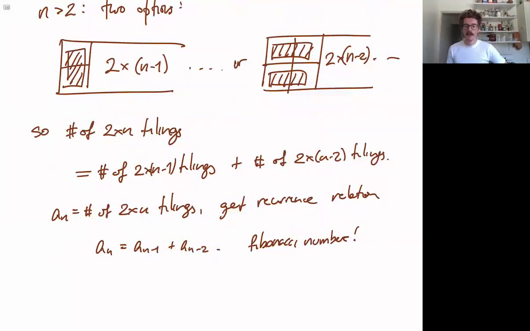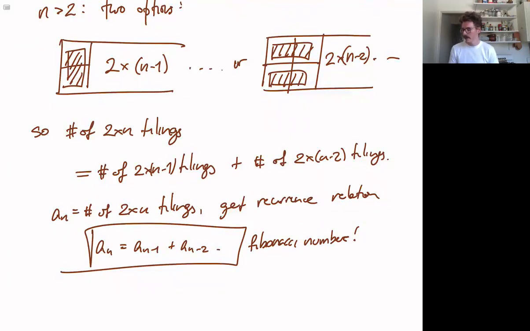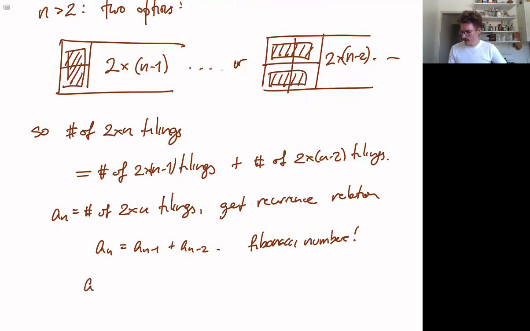Or to be precise, the recurrence alone does not tell us that it's the Fibonacci numbers, but we need to have the same initial conditions as well. So in fact, we have, as we saw, a_1 equals 1 and a_2 equals 2.